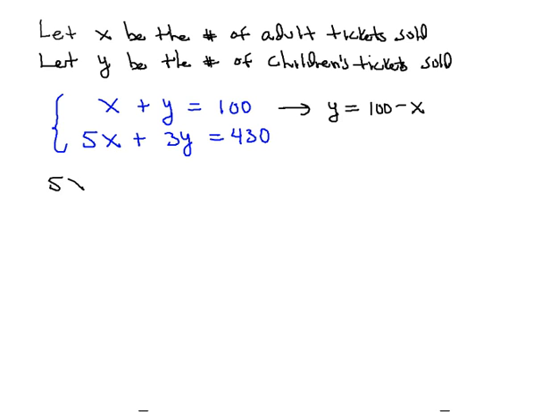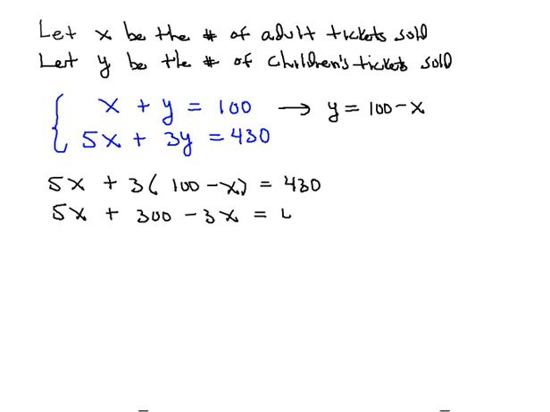We then have 5X plus 3 times the quantity 100 minus X is equal to 430, and then 5X plus 300, distributing here, minus 3X is equal to 430.